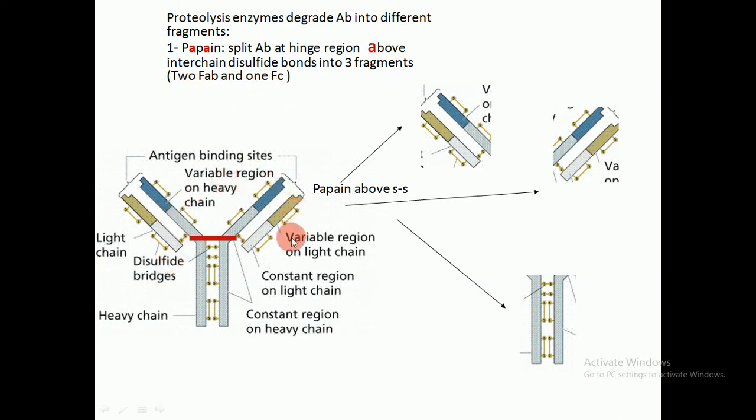So this is the antibody, and this is the hinge region. Papain splits the antibody above the hinge region. Don't forget A for the above. So we get 3 fragments: 1 Fab, 2 Fab, and 1 Fc region.